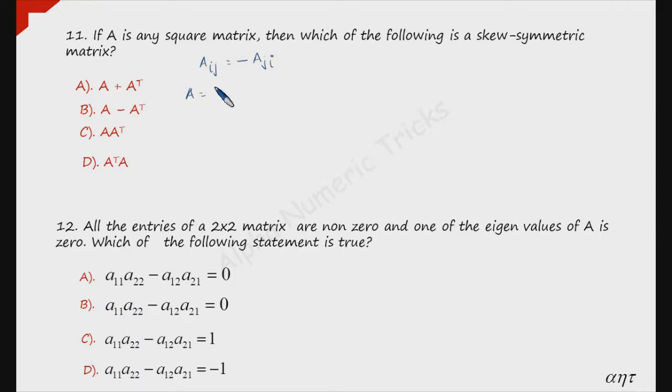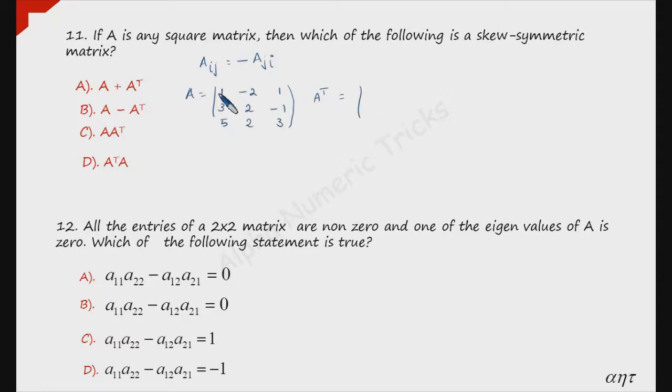Now we take the matrix A to be any square matrix. So A is equal to [1, -2, 1], [3, 2, -1], [5, 2, 3]. Any matrix you can choose. Now we have to write the A transpose for this matrix.